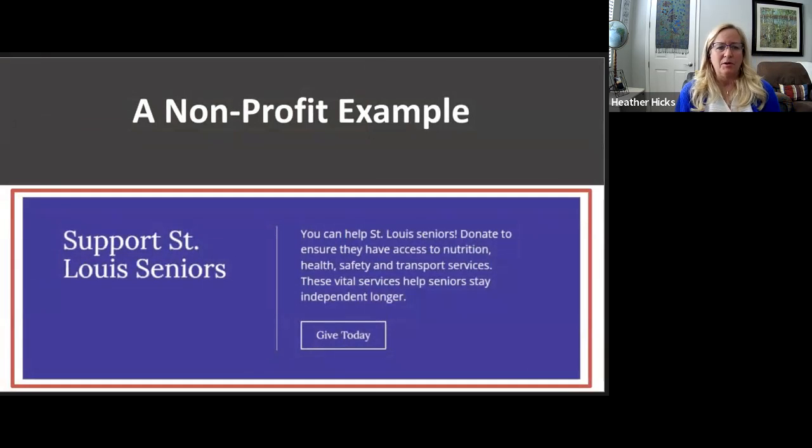Here's another example, someone working with seniors, and this is their simple, short value proposition. You can help St. Louis seniors donate to ensure that they have access to nutrition, health, safety, and transport services. These vital services help seniors stay independent longer. So if I cared about seniors, I know some of the challenges, and I've related to that, and I go, oh, I want to help seniors stay independent longer.